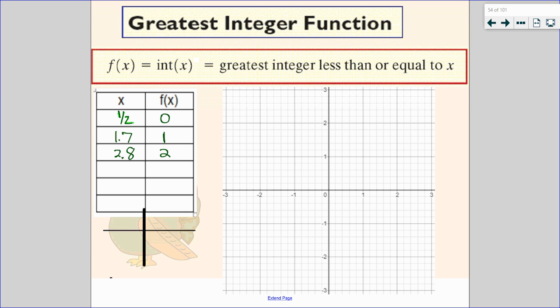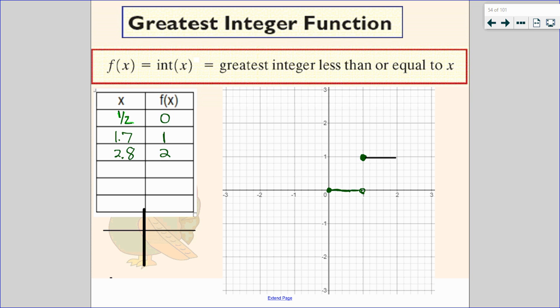So let's look at our graph. Anywhere between 0 but not quite 1, it's going to be 0. And once you hit 1, the greatest integer function outputs 1. So at 1, 1.1, 1.2, 1.3, those are all there.